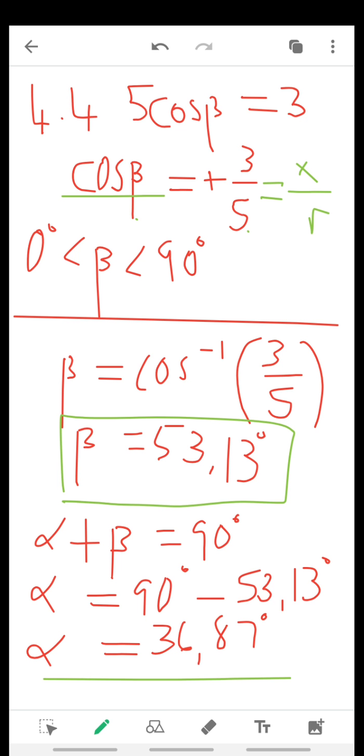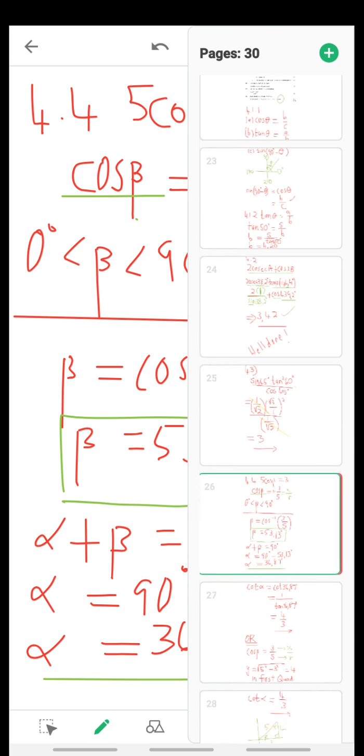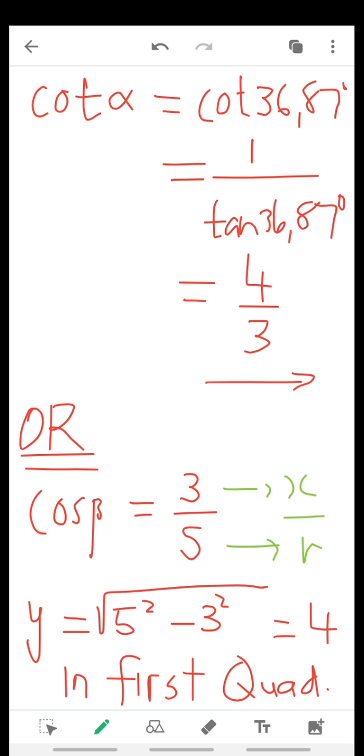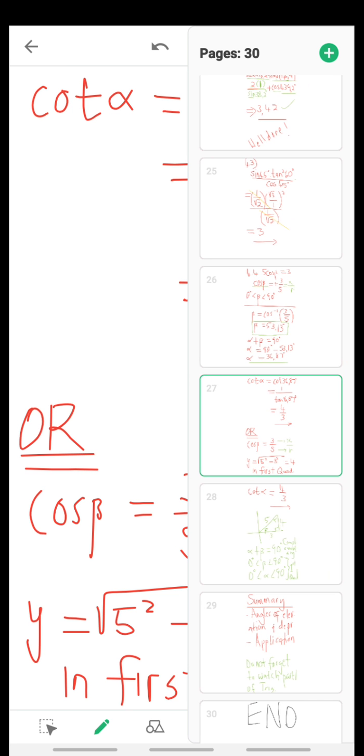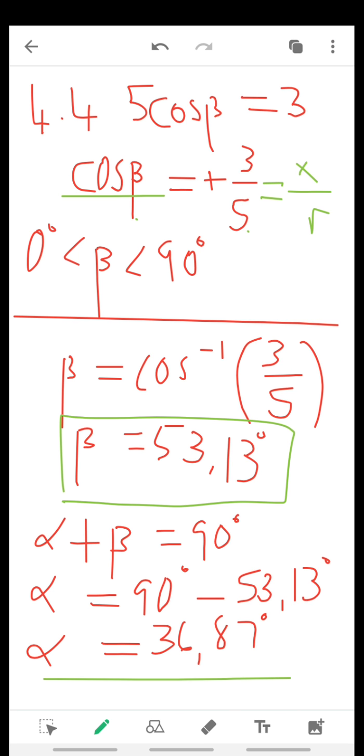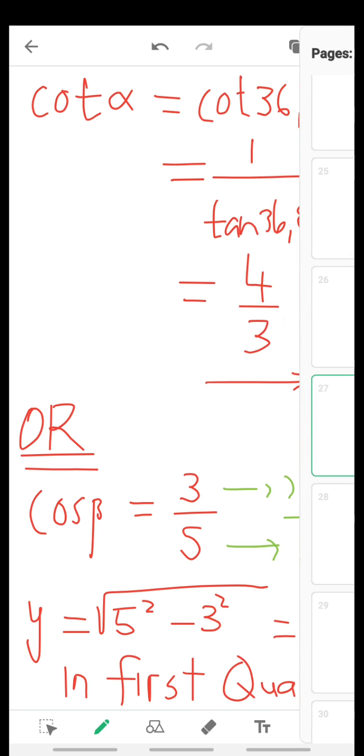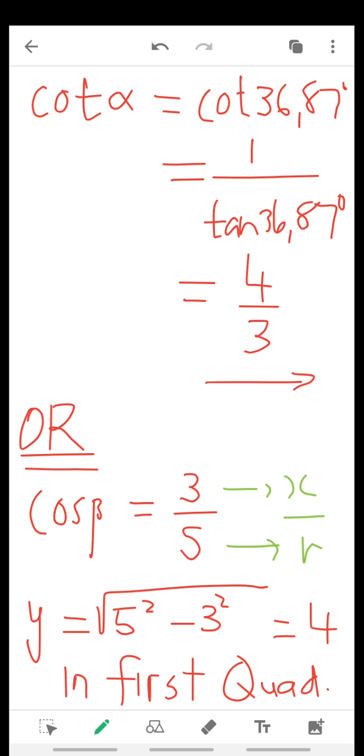Then I went to the question of cot alpha. So cot 36.87 degrees is the same as 1 over tan of the same angle, and my answer was 4 over 3. That is one way you would have done this problem.